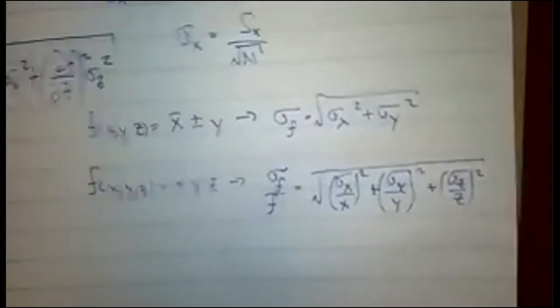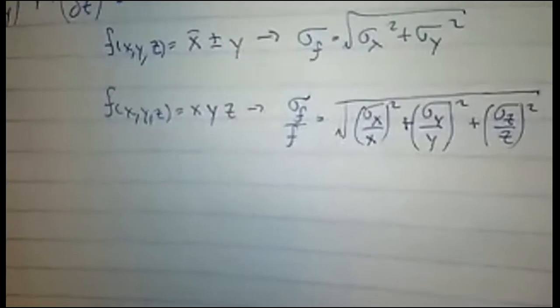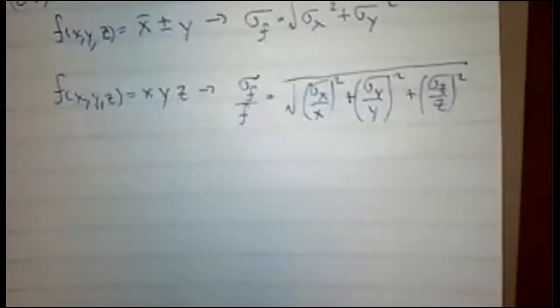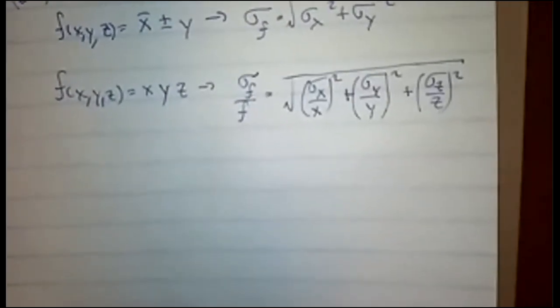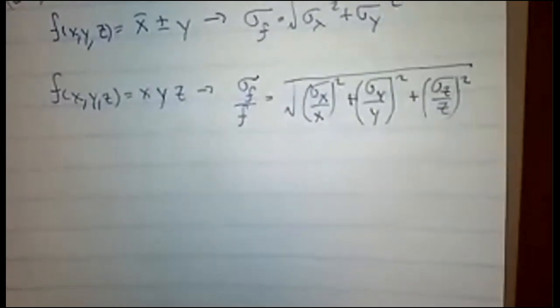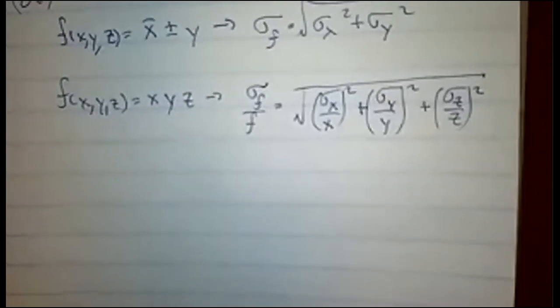Also, if they're all a product, X times Y times Z times W, then their fractional error, which is just the error divided by the best estimate, their fractional error is squared, added up, and then you take the square root of that, and that gives you the fractional error of the function. To get the sigma F, now you just multiply it by your best estimate.